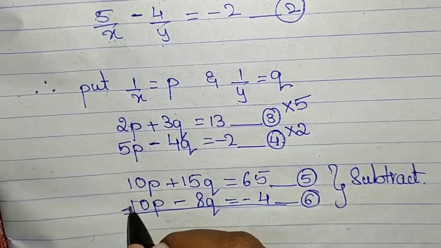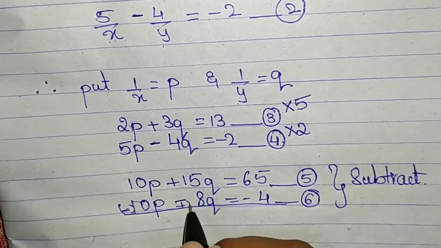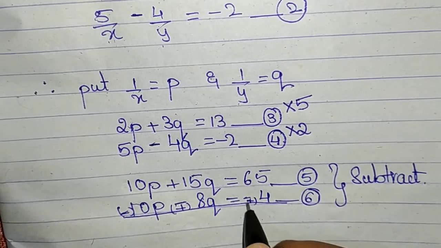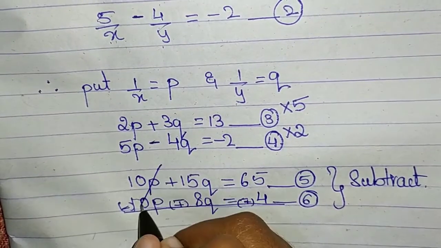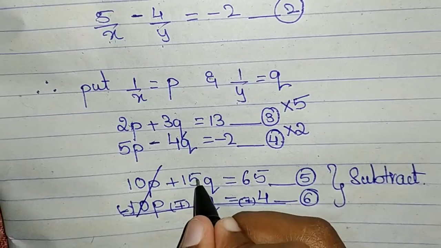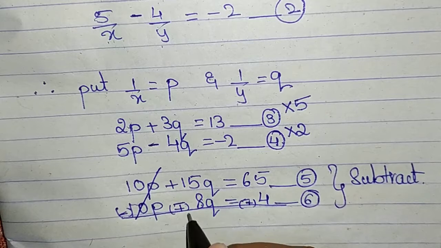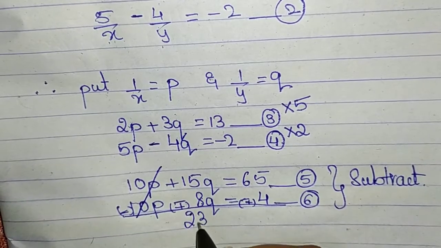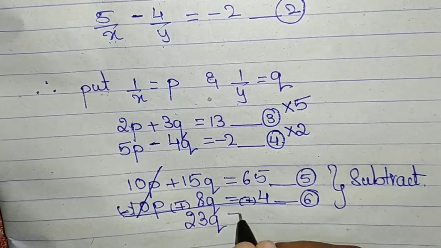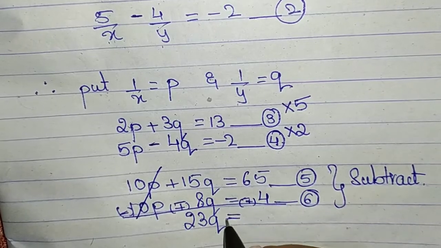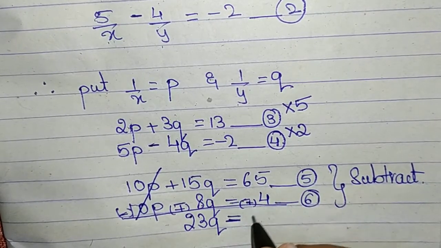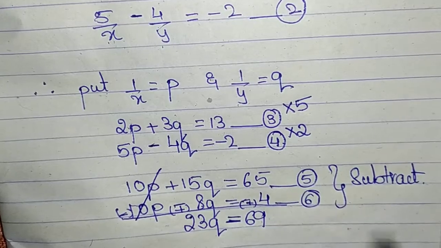So what we'll get here? First the signs will change, plus will become minus and minus will become plus. So here 10p minus 10p cancels each other. 15q plus 8q, 15 plus 8 is 23q is equal to 65 plus 4, 69.